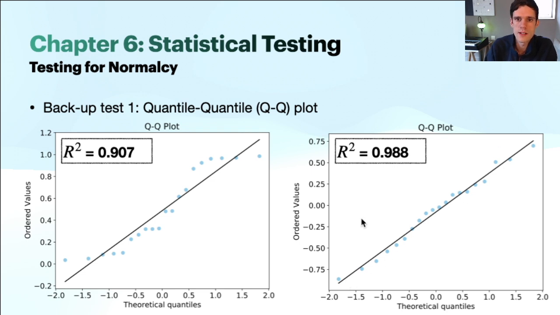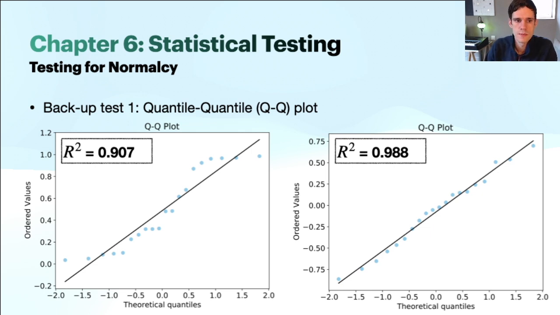And we see on the right-hand side that we have an r-squared of 0.988, very high. Whereas on the left-hand side, we have a significantly lower r-squared, just about 0.9.